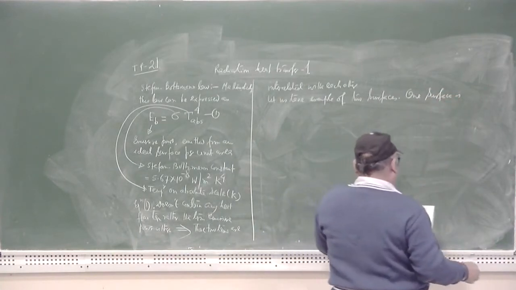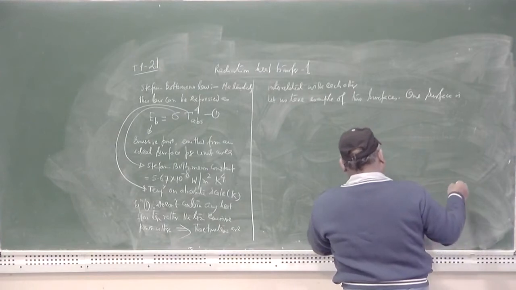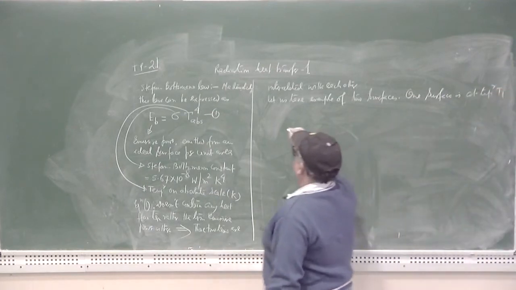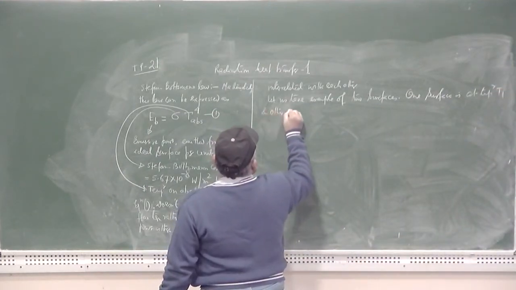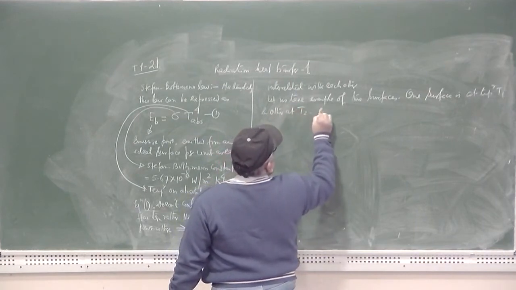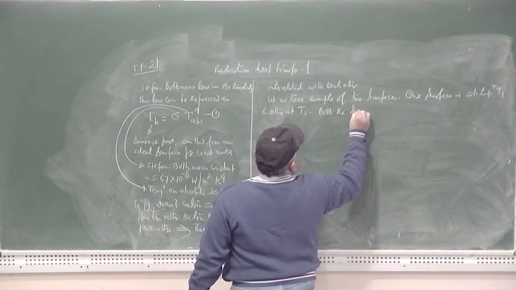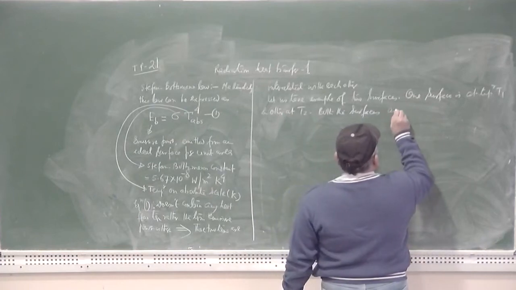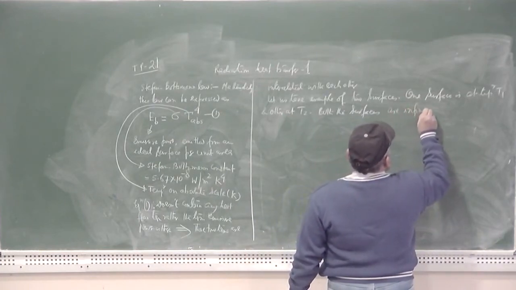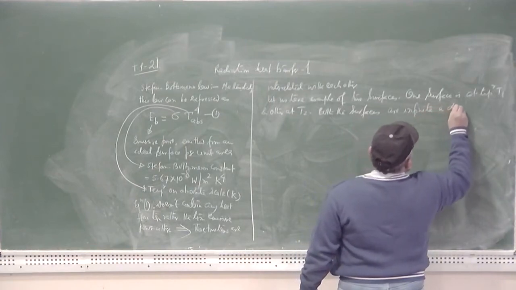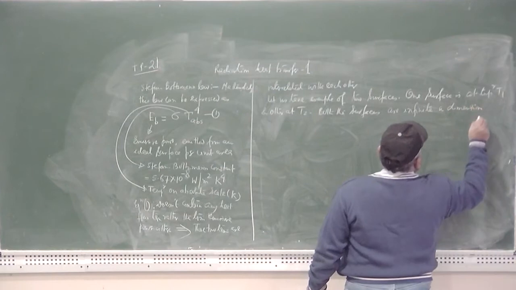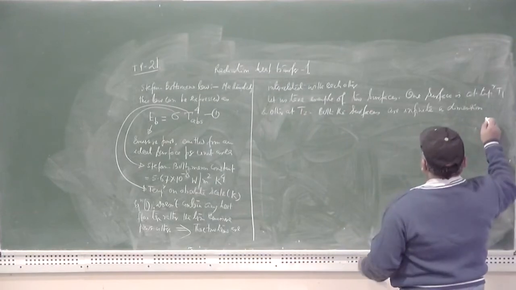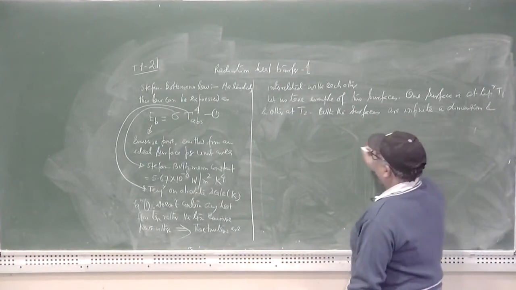One surface is at temperature T1 and the other at T2. Both the surfaces are infinite in dimension, and facing each other.